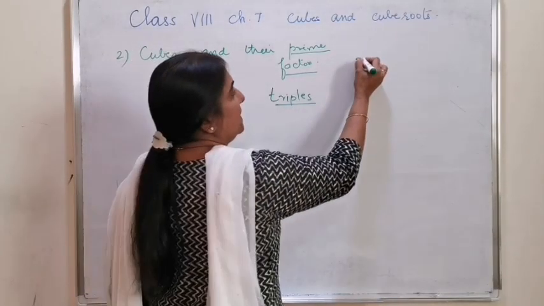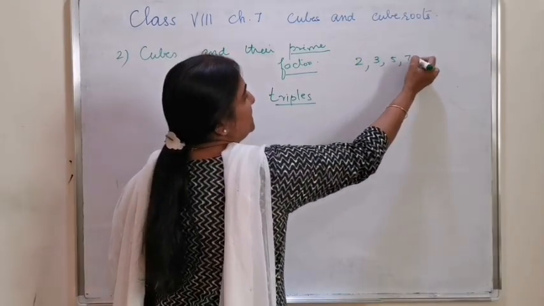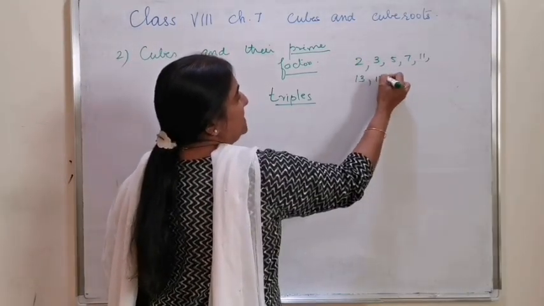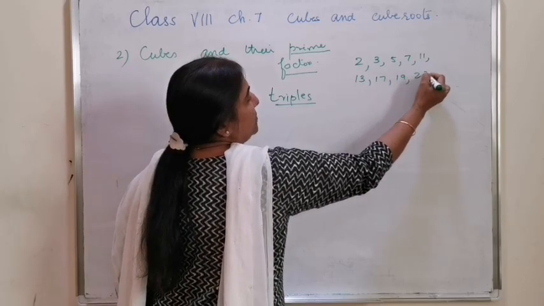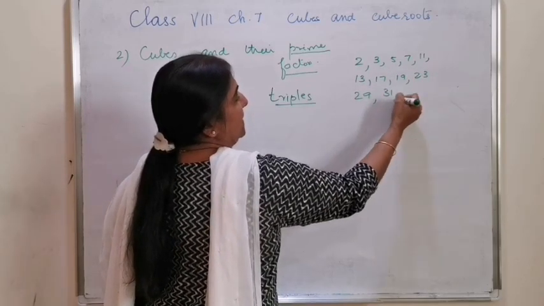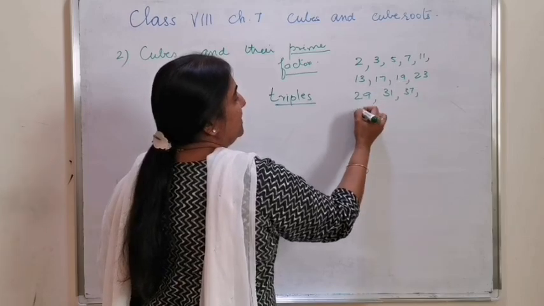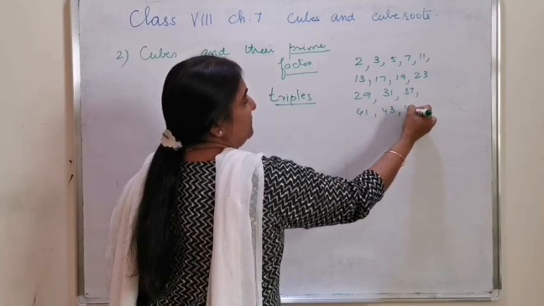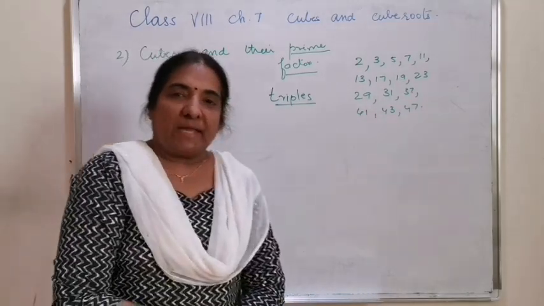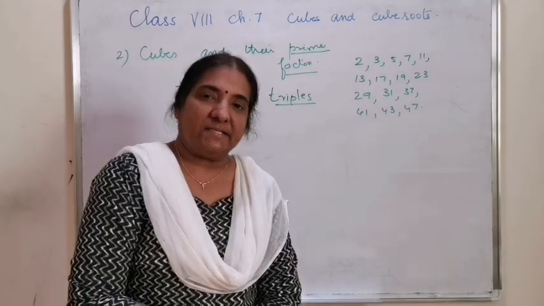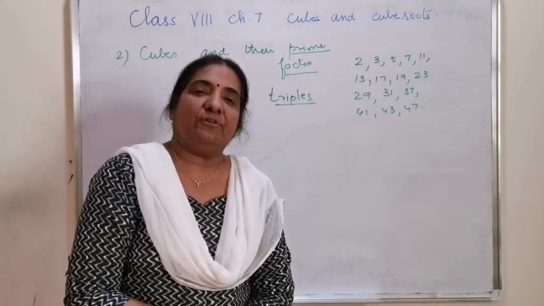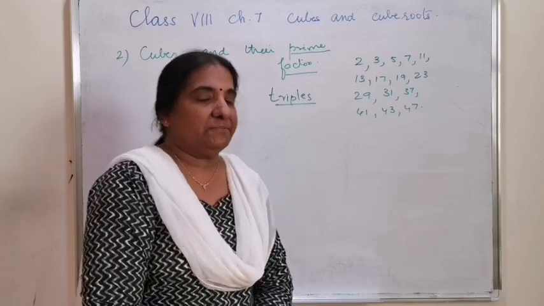The prime numbers are 2, 3, 5, 7, 11, 13, 17, 19, 23, 29, 31, 37, 41, 43 and 47. If you can learn these numbers by heart, it is good because prime numbers below 50 are applicable throughout.